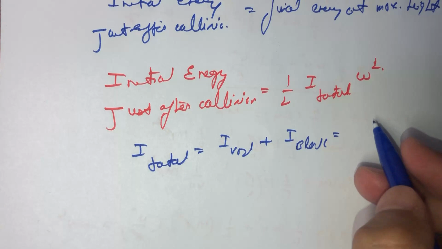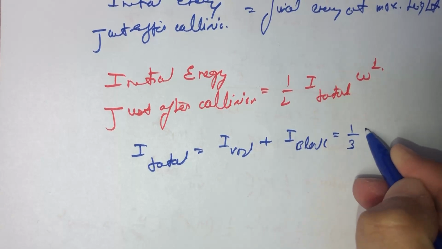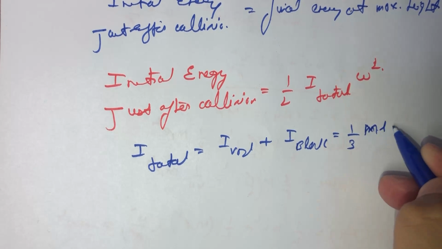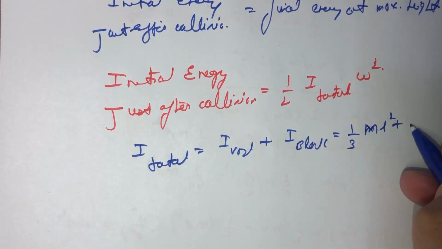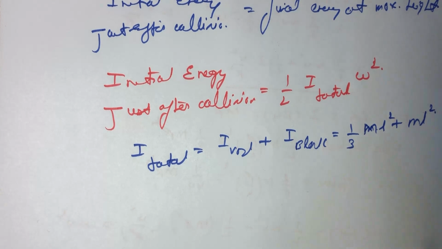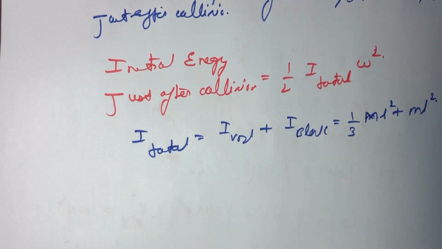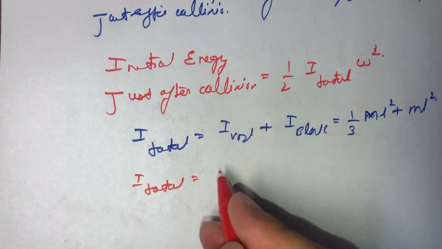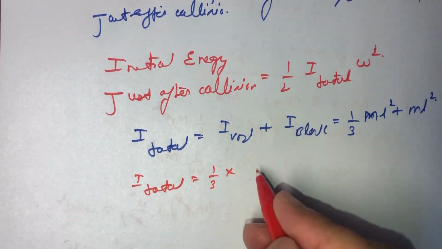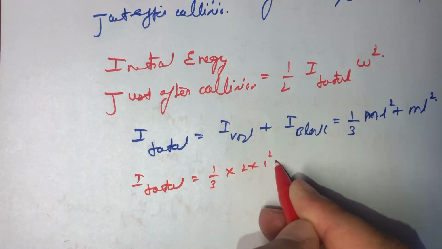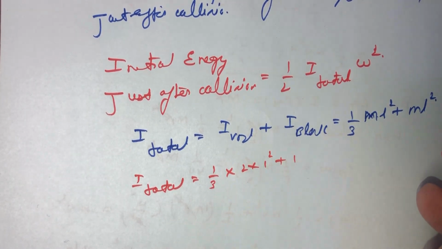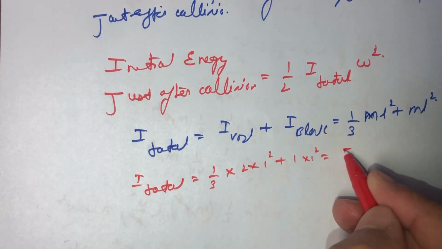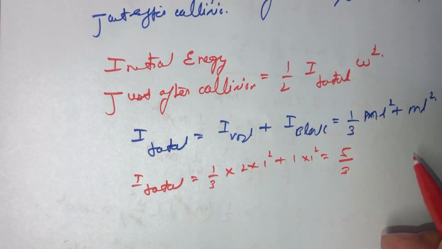So we get 1 by 3 capital M L square for the rod plus m L square for the block. We substitute the values: I total is equal to 1 by 3 times mass 2 kg times length 1 square, plus the small block mass 1 times 1 square, and this comes to 5 by 3.